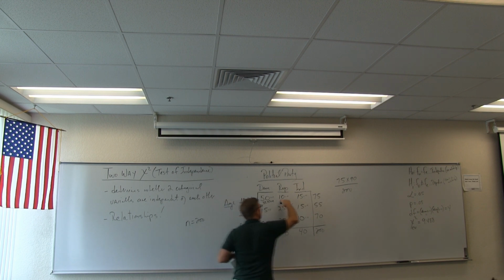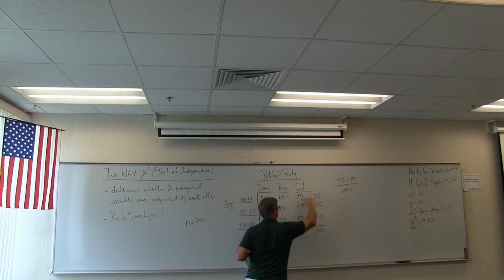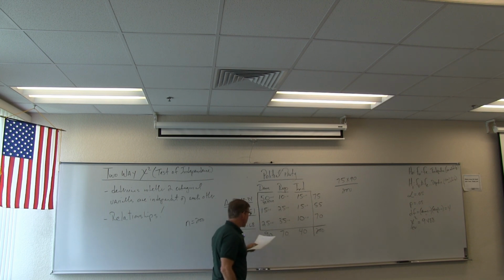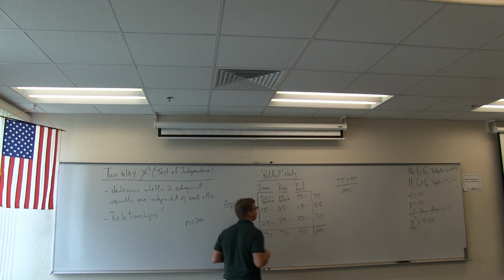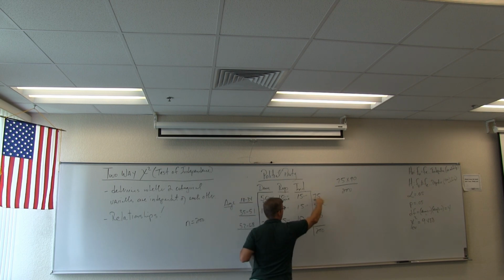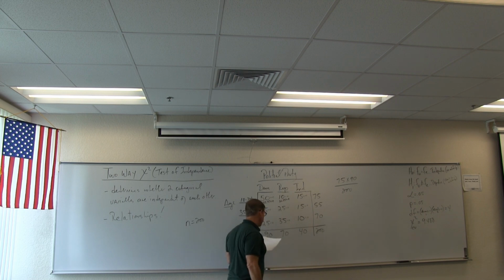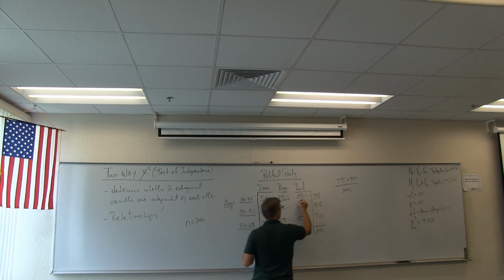For this cell, we say 75 times 70 divided by 200 gives us an expected frequency of 26.25. For this cell, we say 75 times 40 divided by 200 gives us an E of 15.